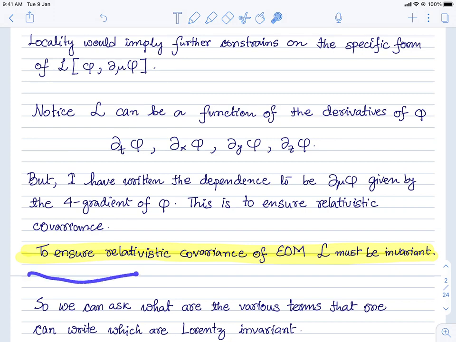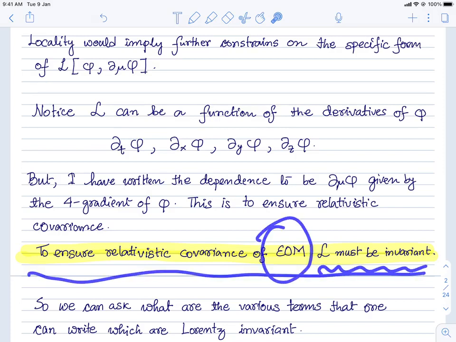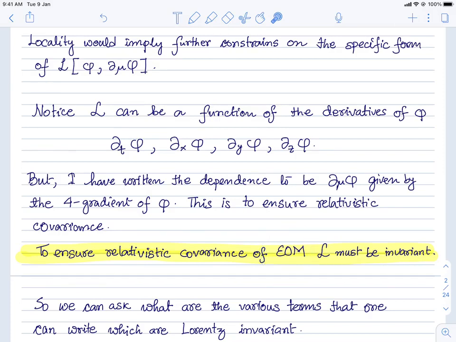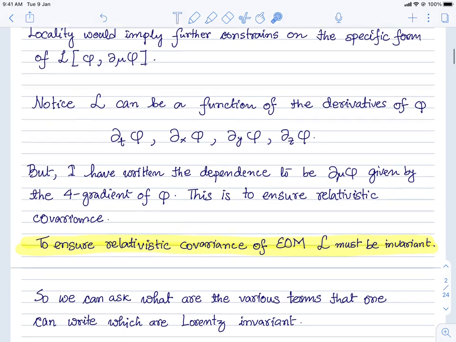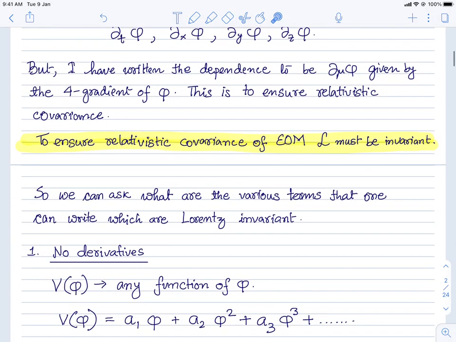Okay, so to ensure relativistic covariance of the equation of motion, we want the Lagrangian density to be invariant. That's the takeaway: if we are talking about relativistic field theory, then the Lagrangian must be invariant under relativistic transformations. Okay, that's the next takeaway message.